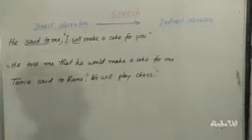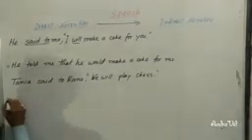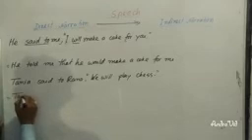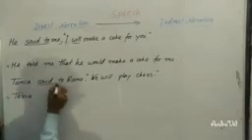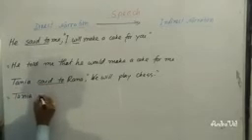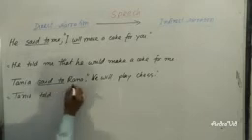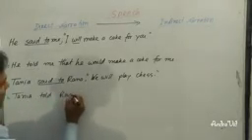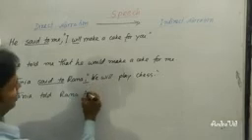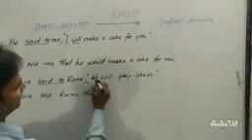Dear students, instead of Tanya, you will have to write Tanya, instead of said to, you will have to write told, Rana, instead of inverted commas you will have to write that.